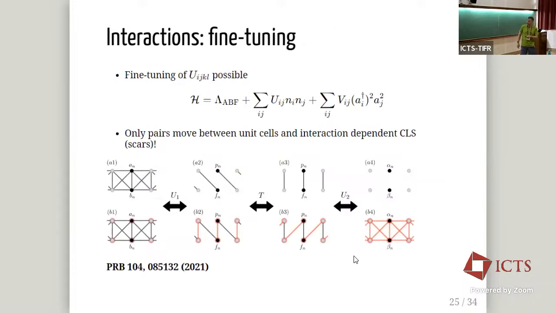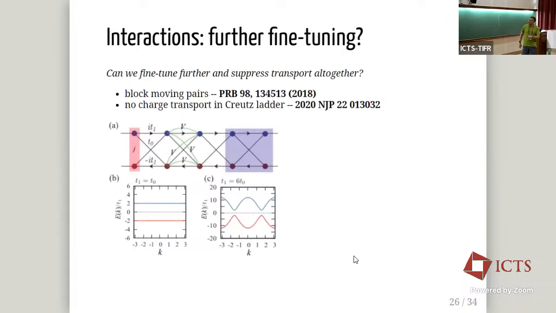So if you diagonalize this many-body Hamiltonian with local unitary transformations, you will discover that you don't have any single particle terms that allow particles to move, and also at the many-body interaction level, you only get density-density terms.